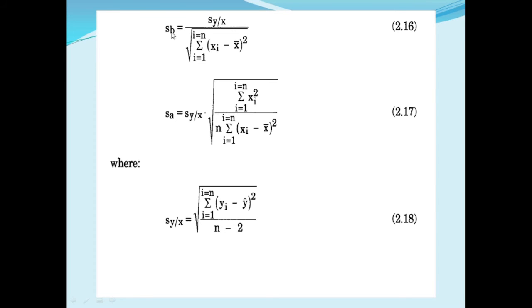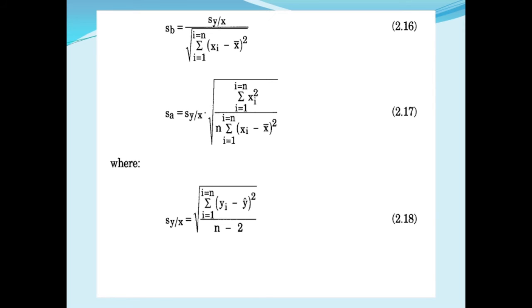Sb is the standard error of the slope b. Sa is the standard error of the intercept. This y cap is the value calculated from the fitted line, and yi minus y cap are the residuals.